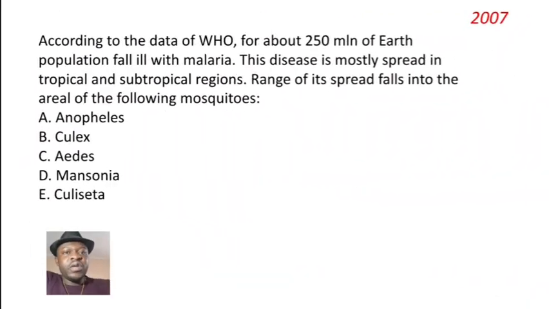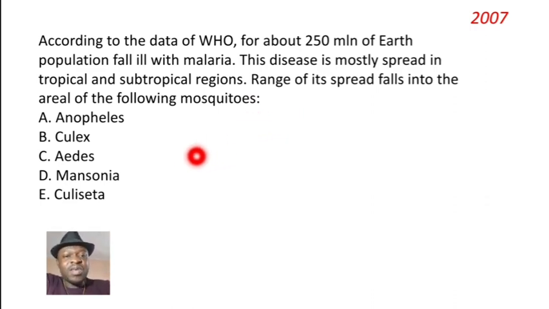Next question. According to WHO data, about 250 million of the Earth's population fall ill with malaria. This disease is mostly spread in tropical and subtropical regions. The range of its spread falls into the area of which mosquito?